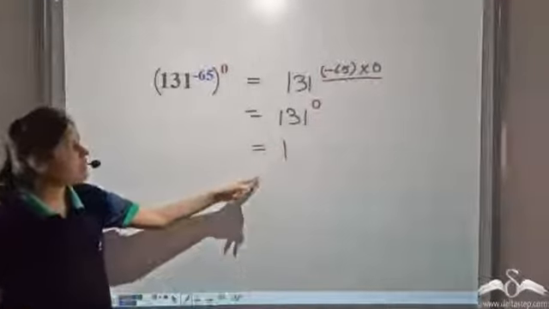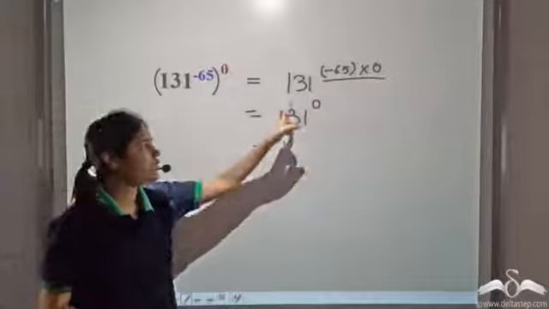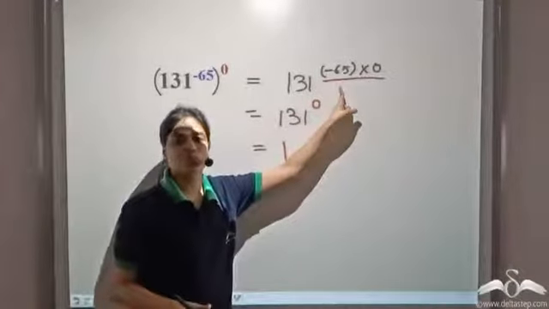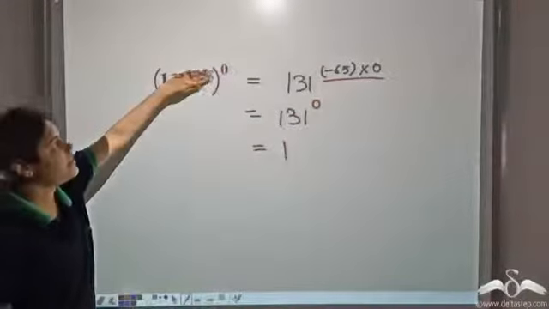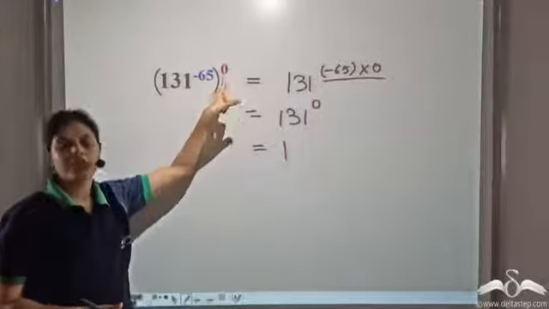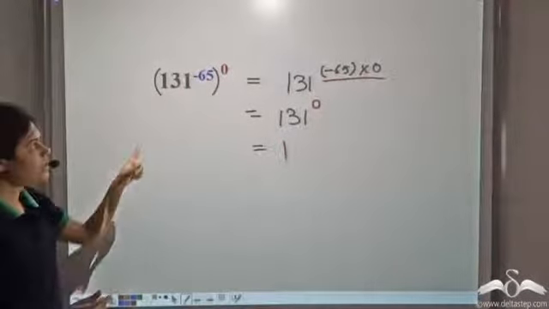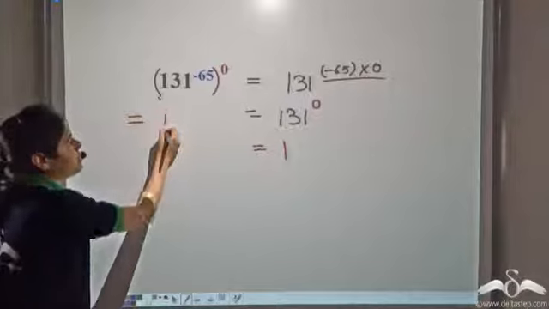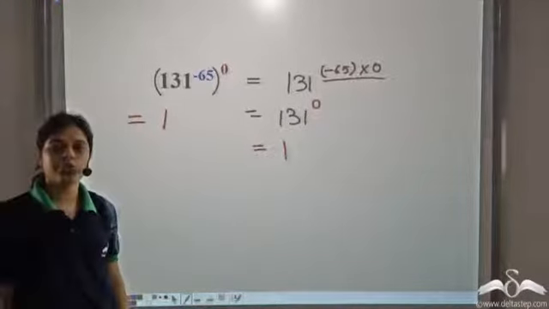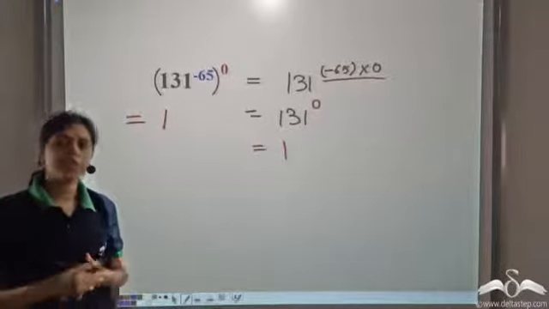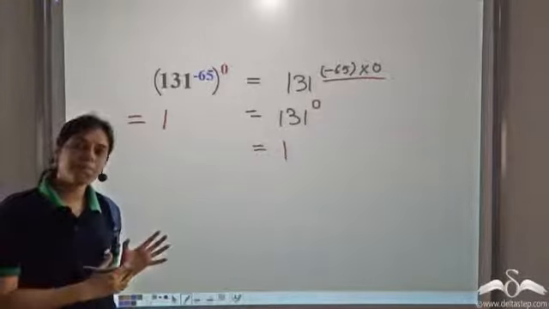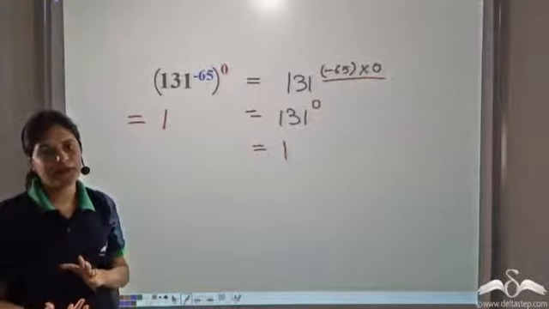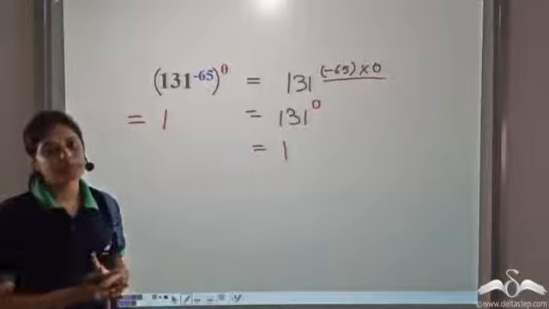Now if you observe carefully, there was no need to actually multiply these two because anything raised to the power 0 is 1. So from here, you could have straight away written that this is equal to 1. Because 1 raised to the power 0 is 1. Negative numbers raised to the power 0 is 1. Positive numbers raised to the power 0 is 1.